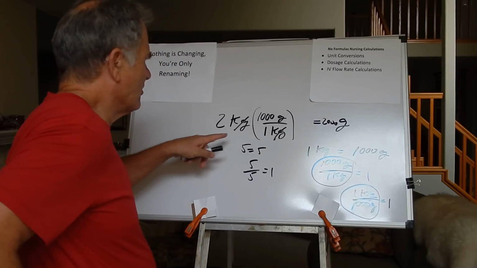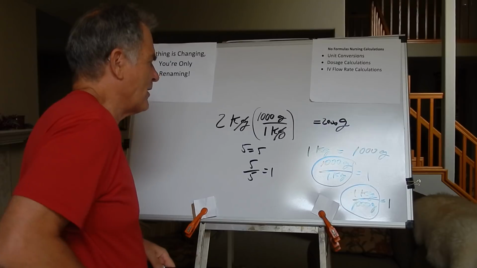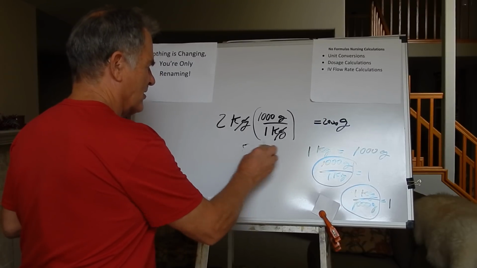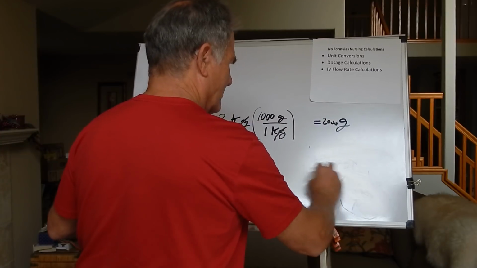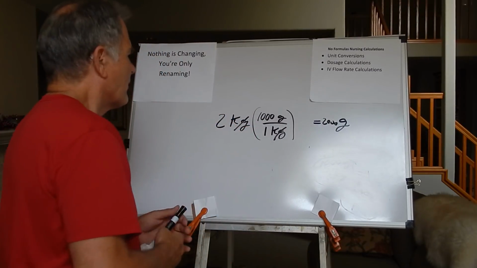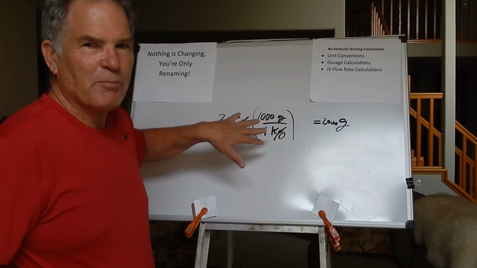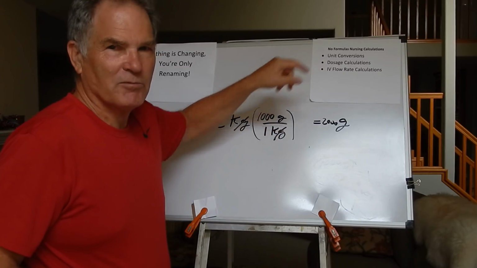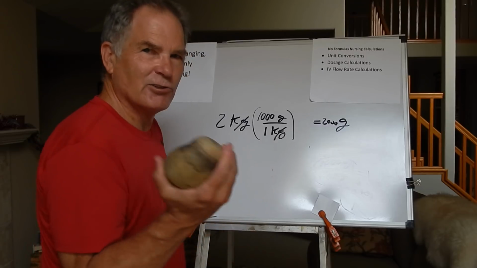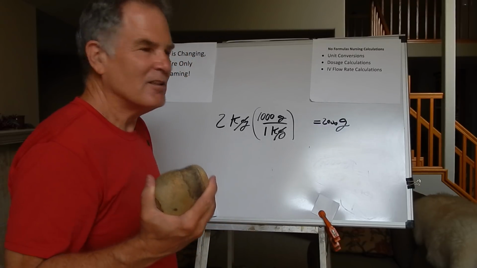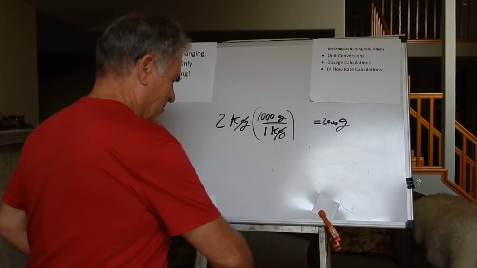Now let's take a look at this equation right here. We don't need the rest of the stuff, so get rid of that. There are 3 parts to all of these problems. You're given something to work with. You're saying, here's 2 kilograms, tell me how many grams there are.